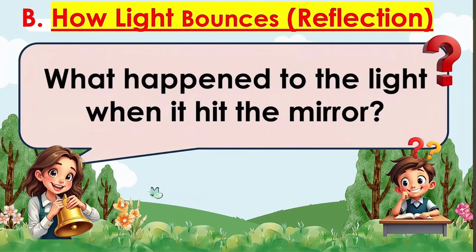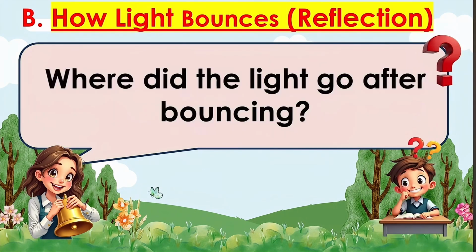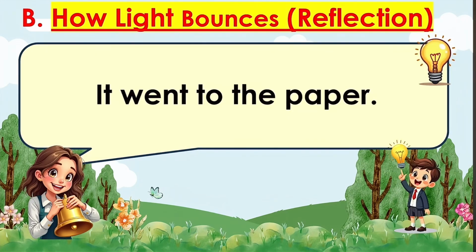So what happened to the light when it hit the mirror? Yes, it bounced off the mirror. Where did the light go after bouncing? Yes, it went to the paper.